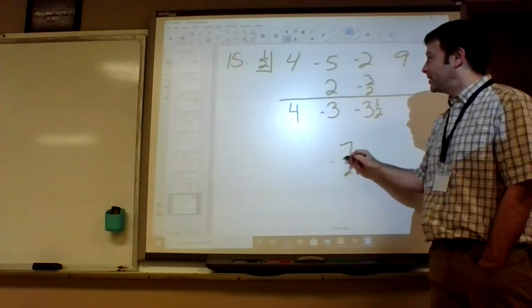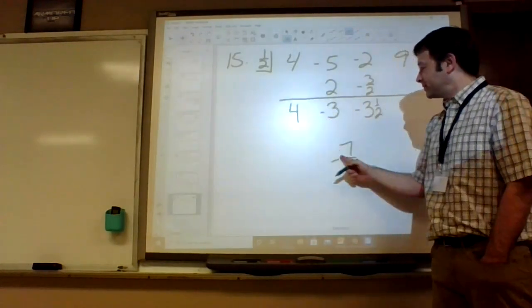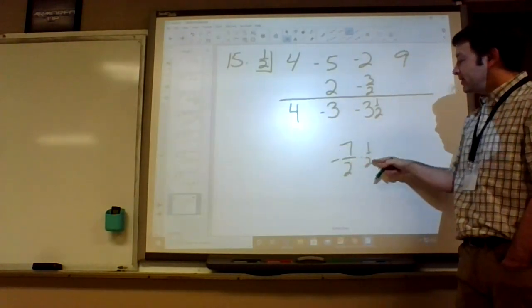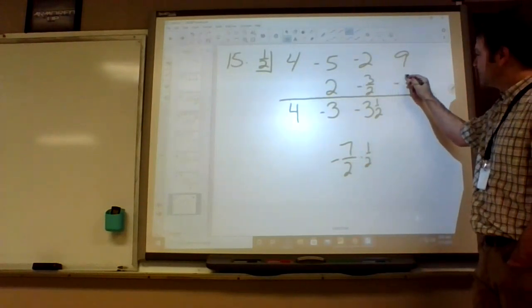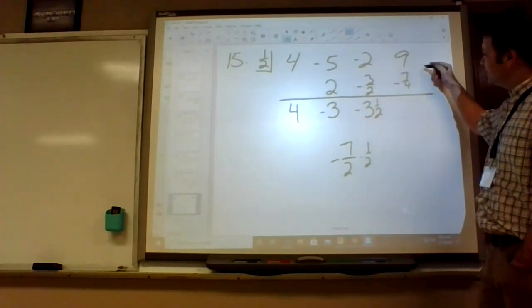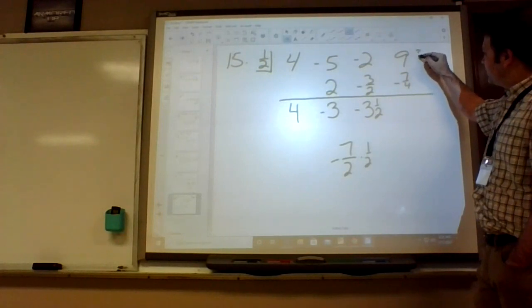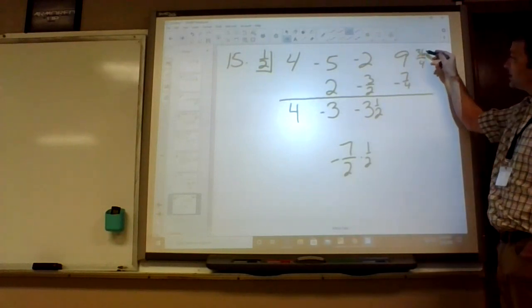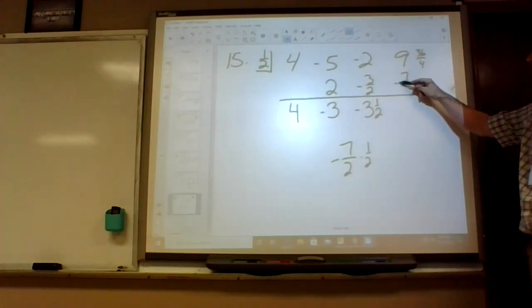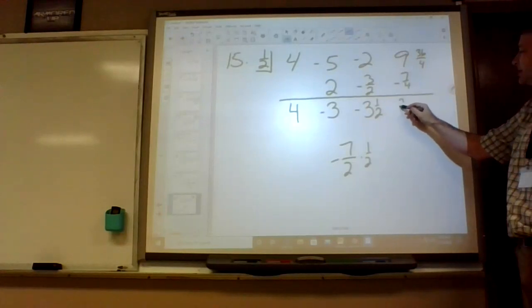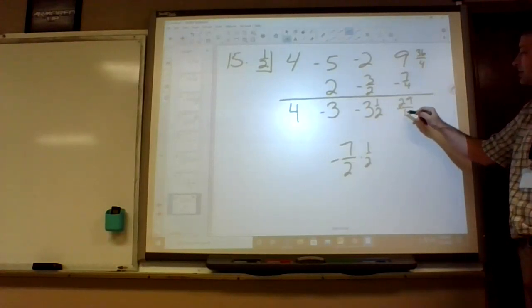Or -7/2. Times 1/2 is -7/4. And 9 times 4 is 36, so that's how you would do it without a calculator. 36 minus 7 is 29/4.